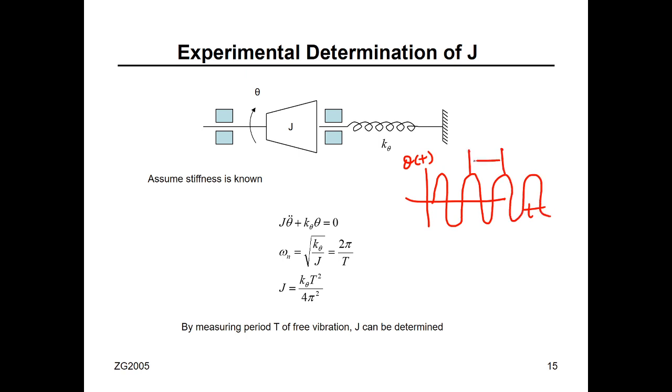Then measure the period T, and from T you get the natural frequency, and you will get k, because this is already known. So either you don't know J or you don't know k, just like in the lab. One of them unknown, you can find by finding the natural frequency. That's all for today. Thank you for listening, and see you inshallah in the next class.